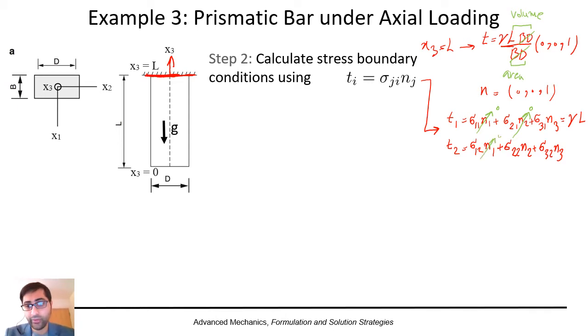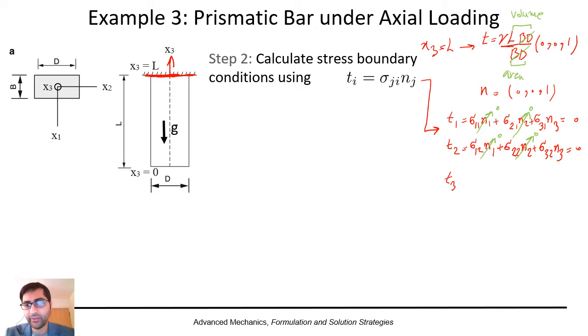Again, N1 is 0, N2 is 0, oh, sorry, it's going to be 1 here. Okay, and so sigma 3, 2 becomes equal to T2 and T2 is 0.